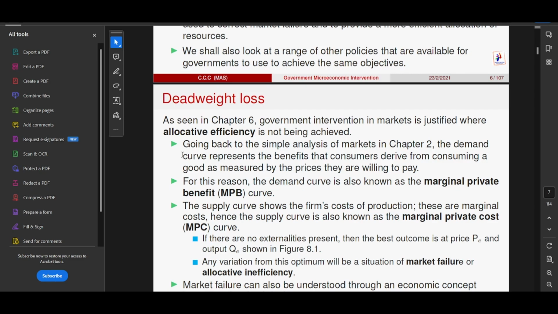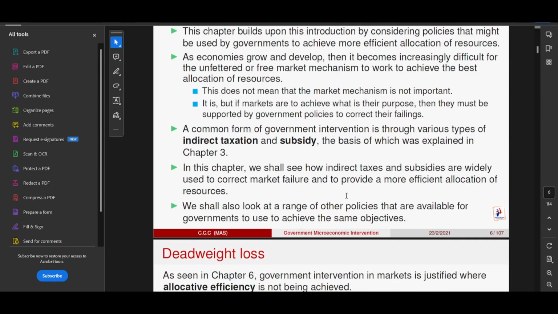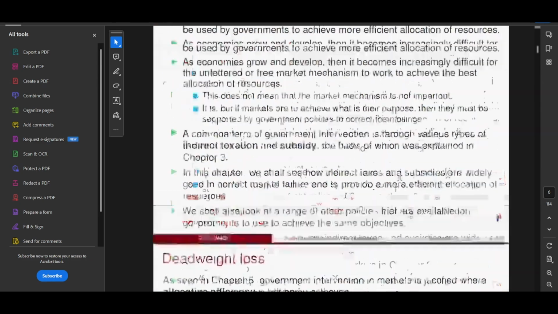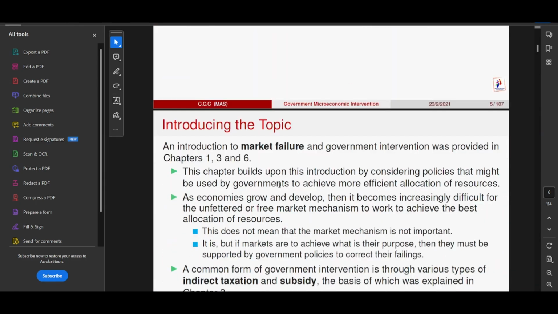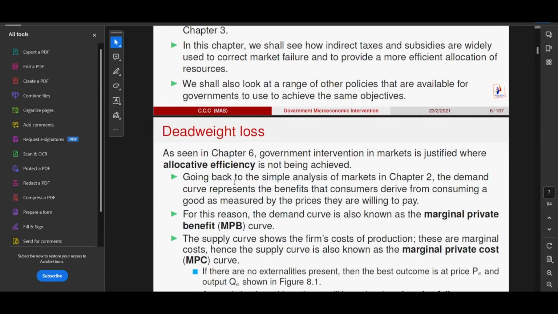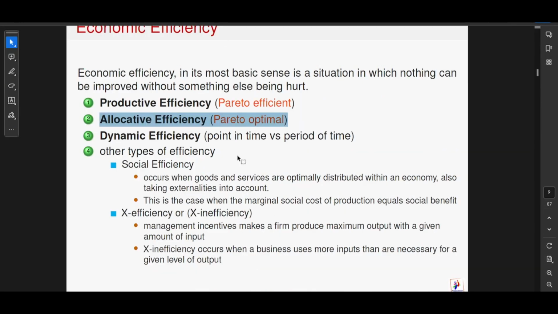Here again we see allocative efficiency coming out in it. Market failure, and we have allocative efficiency. So it's connected. Especially the productive and allocative efficiency, you need to be able to connect this to this part, right?